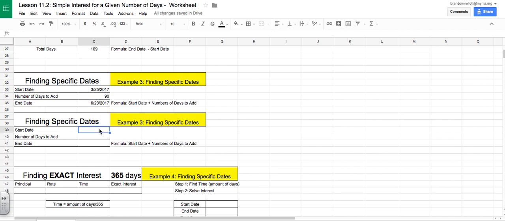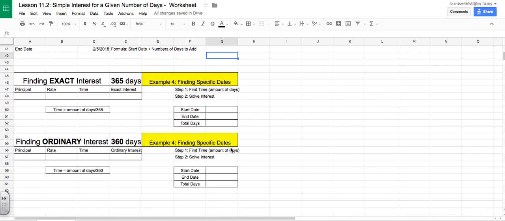Now the second part of example 3: a different date of November 7th, still 90 days. We go equals, start date, plus number of days to add, enter. As you see, it automatically takes it to the next year, which is really nice. All we did was put the start date plus number of days, and then we get the end date.